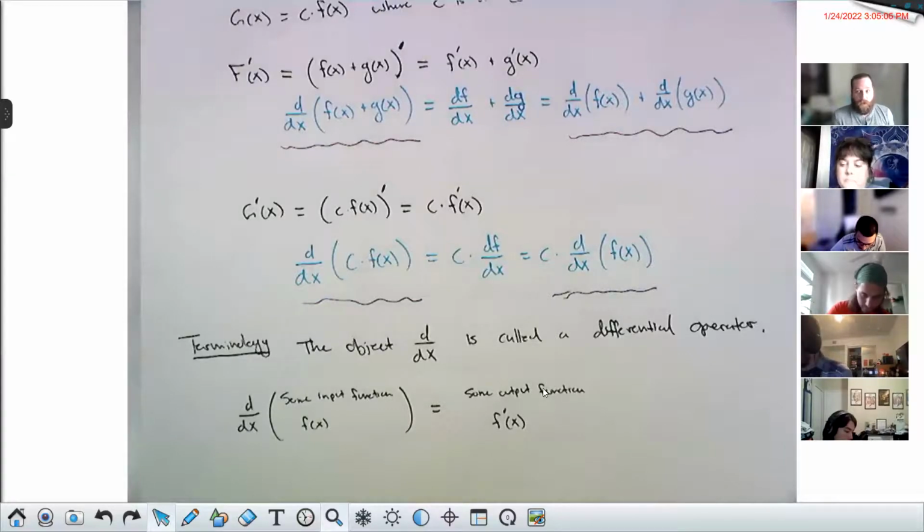And sometimes you'll see dy dx, which is even more confusing because we don't have enough symbols for this already.